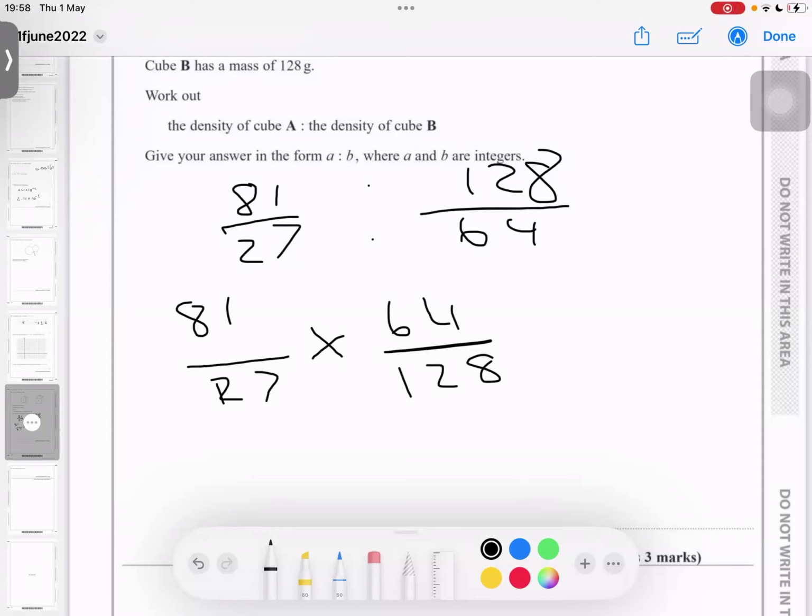Then 8 in 128: 8 in 12 is 1, remainder 4. 8 in 48 is 6. So can you just do that cancelling? We're cancelling 64. You can put a stroke across 64 and put 8 there. Put a stroke across 12, put 1, and then remember a small 4 there beside the 8. And then just put 6 there.